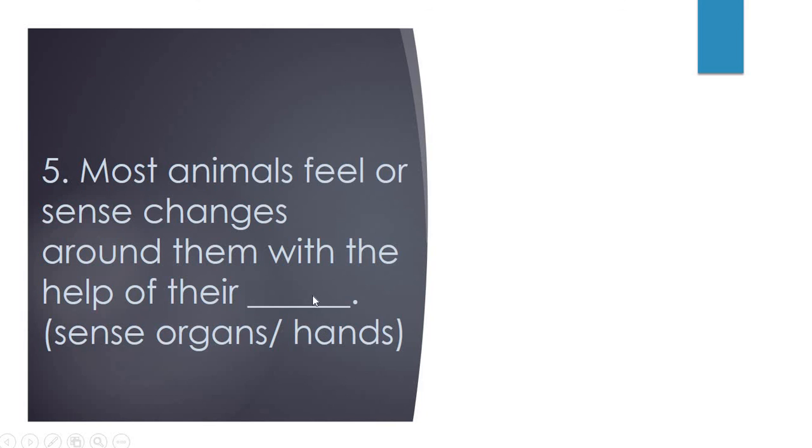With what do they feel the changes around them? And here it is written most animals, not all. So there is a difference between most and all. Most means 80% or 85%. All means 100%. So options are sense organs or hands.